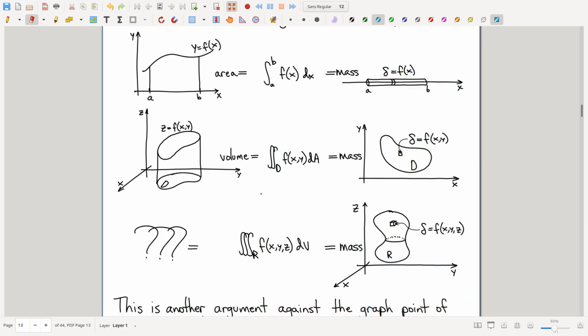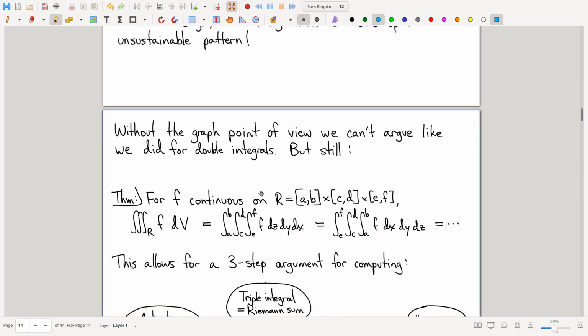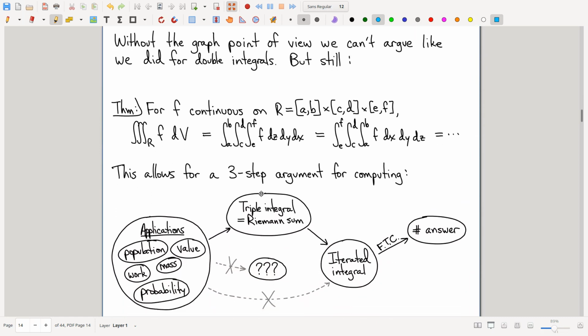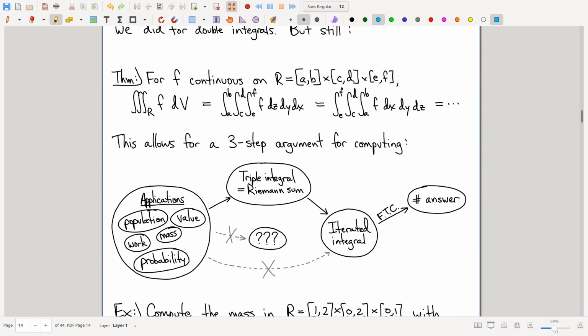The dimension problems continue. So, for example, how do I argue that a triple integral can be turned into an iterated integral, as, of course, we would like to do? You'll recognize the pattern in this diagram down here. I'd like to be able to use triple integrals strategically, just like I did double integrals.